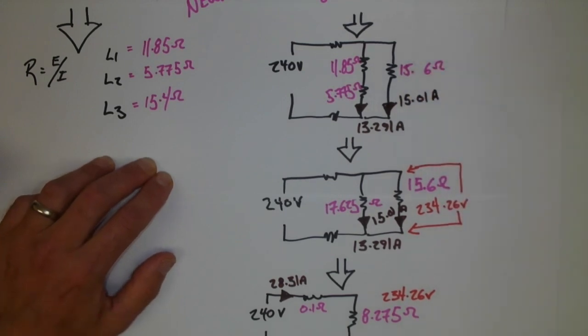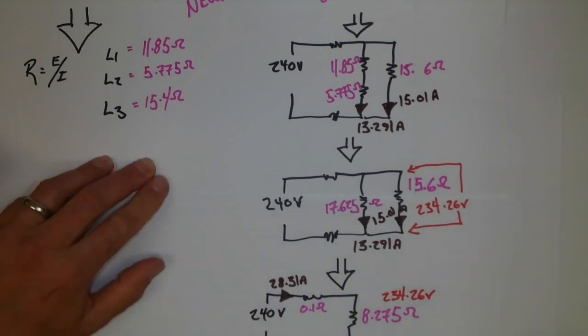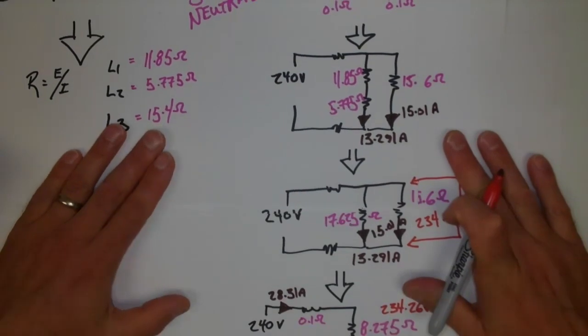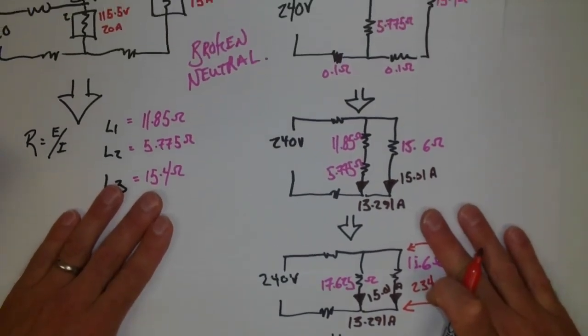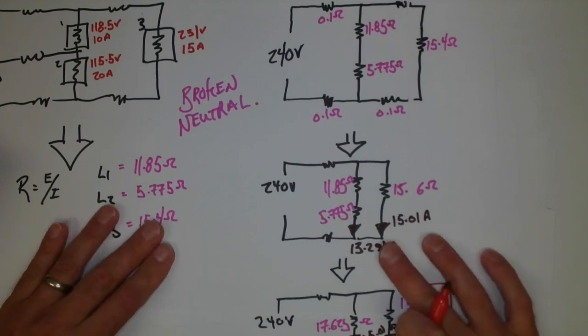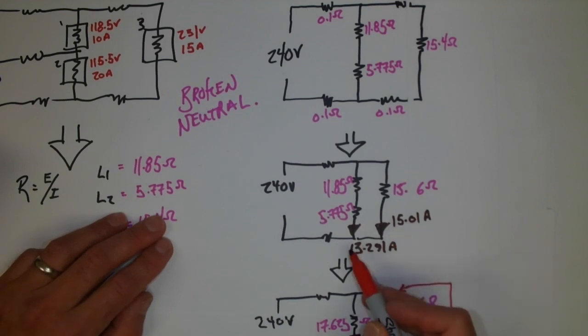All right, so next step, let's calculate the voltage across our final couple of loads. We have 15.01 amps, 13.291 amps.